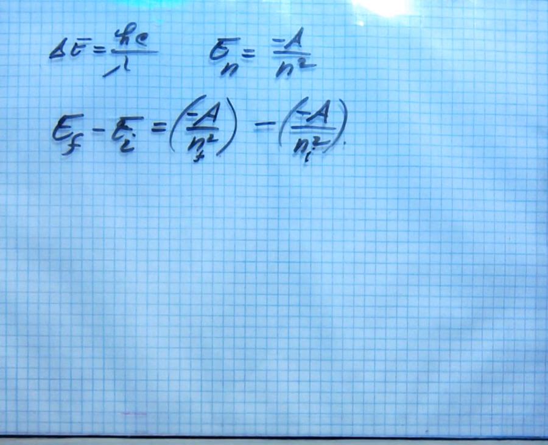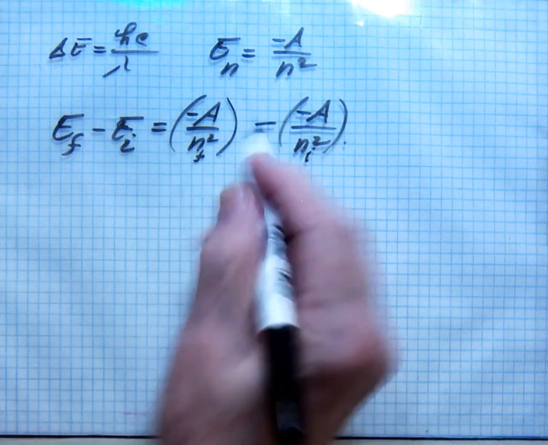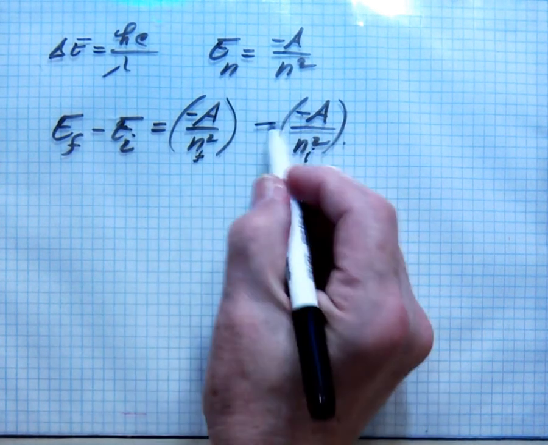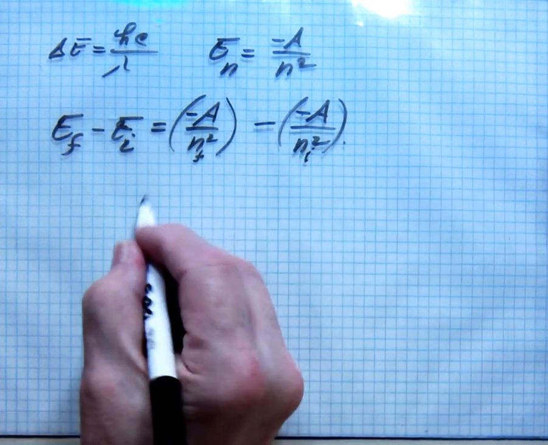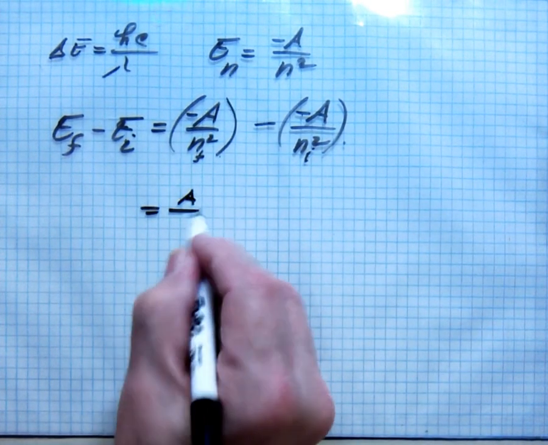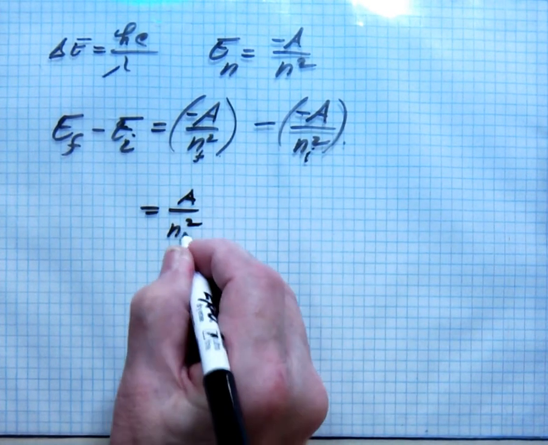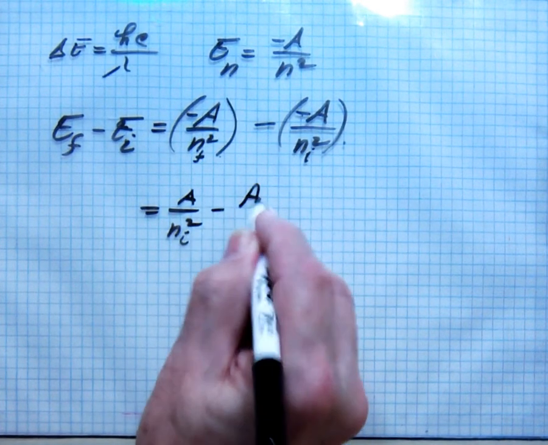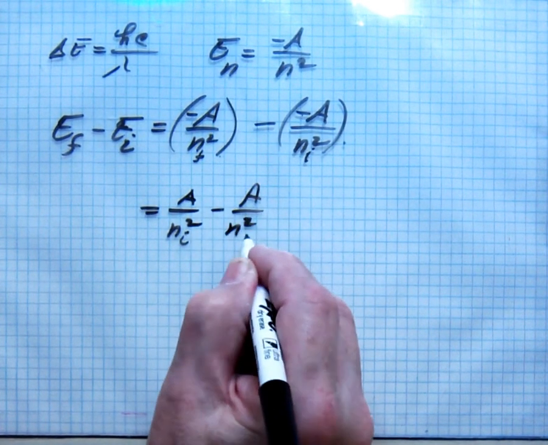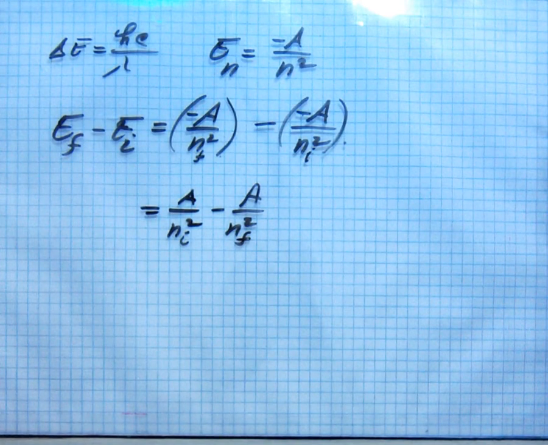We calculated the energy content of ring 3 and ring 2, and we took a difference between them. But this is kind of a mathematical layout. I rearrange: minus times a minus is a plus. So I'll have A over n squared initial minus A over n squared final. Ta-da!